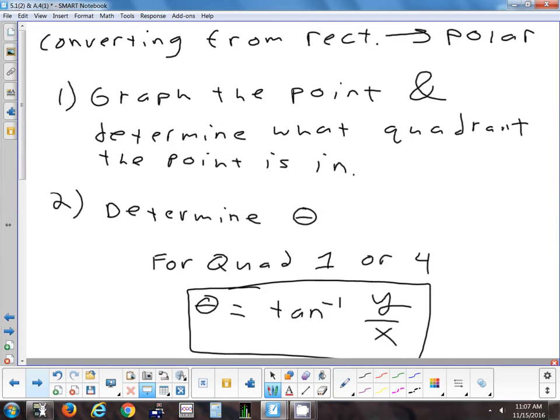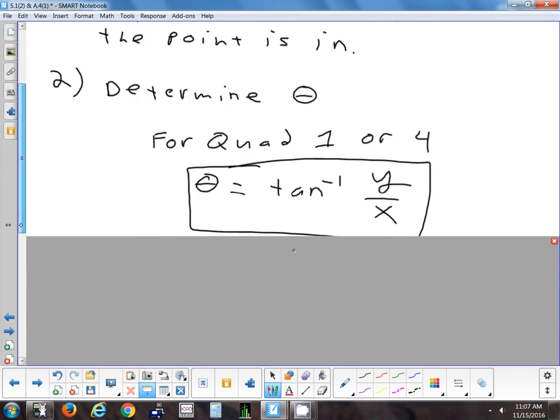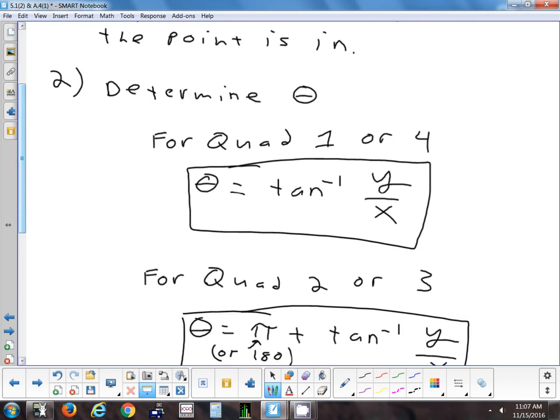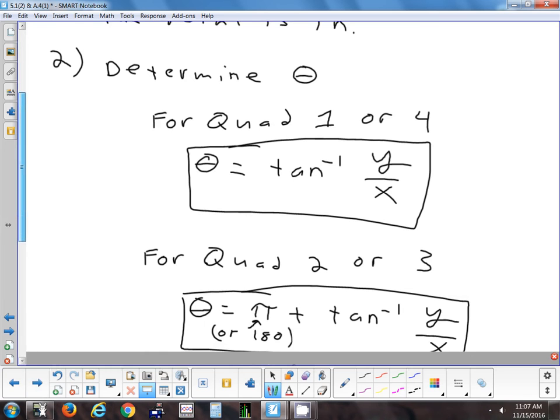Okay, inverse tangent of y over x, that's perfect. Now, if you're in quadrants 2 or 3, that's the adjustment that you have to make. It's pi plus inverse tangent of y over x, if you're finding your angle in radians. If you're going to find your angle in degrees, then it's 180 plus. Okay, so you only have to do 180 plus if you're in the second or third quadrant.